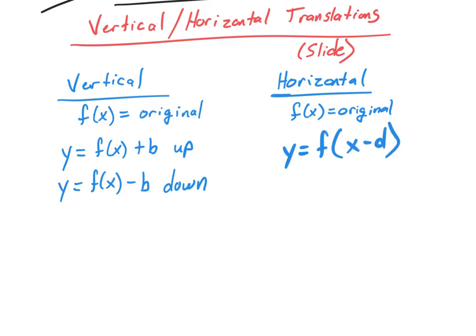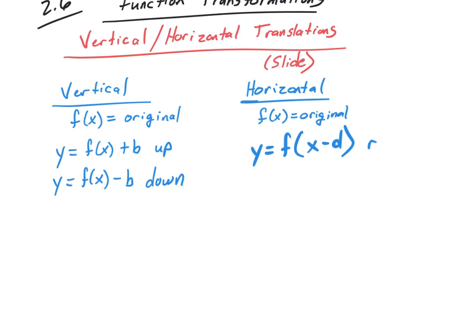If I said y equals f of x minus d, when I initially see this minus sign, horizontal movement means left or right. So when we see minus, we initially think that it's going to be left. But when we do horizontal, this is going to move it to the right. So it's inside of the function, but we're going to move it opposite of what we think. And so I'm going to put that word right here. Whenever we do a horizontal movement, it's going to be opposite of what we would normally think.